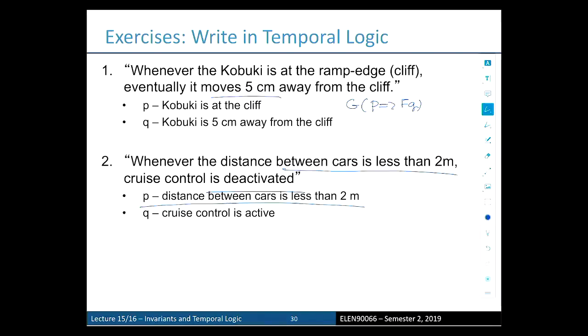So how can I write this now? There is a global element. P is happening. Then what? Negation of Q.